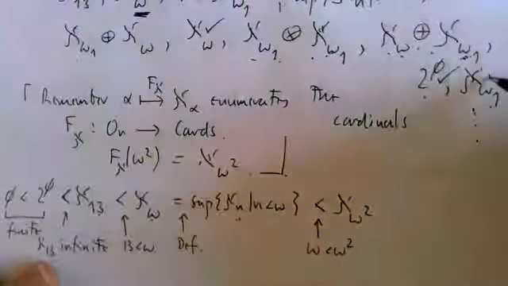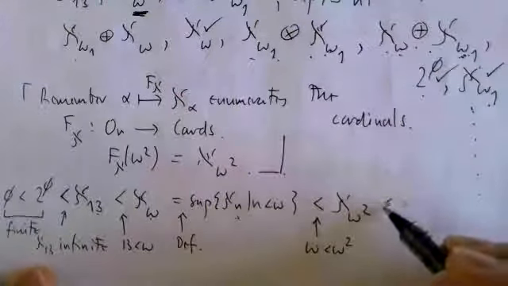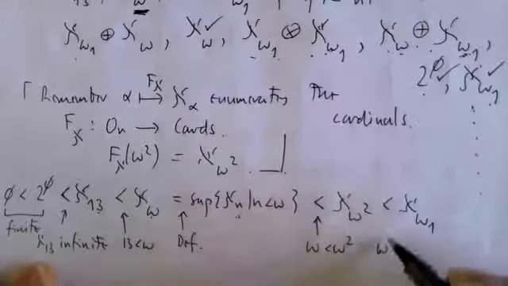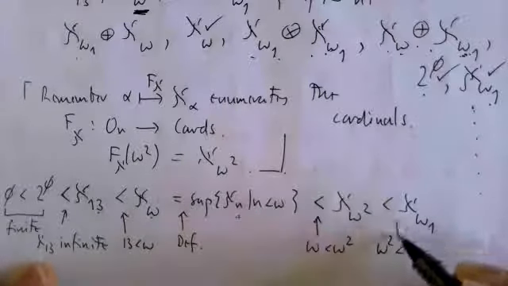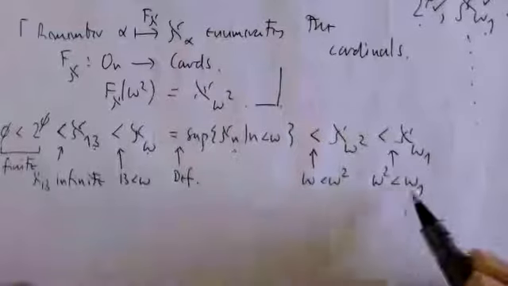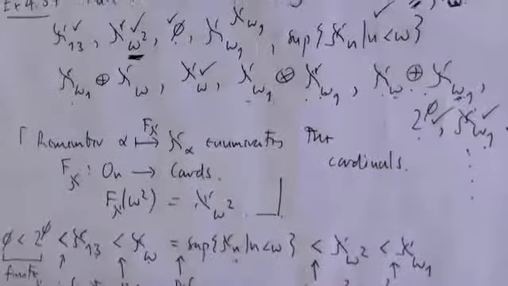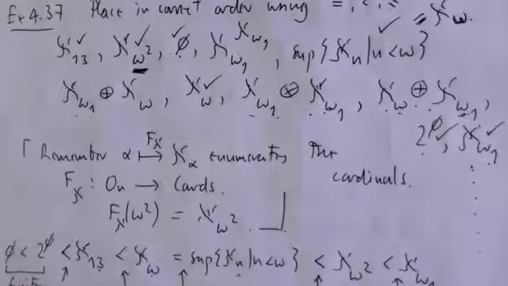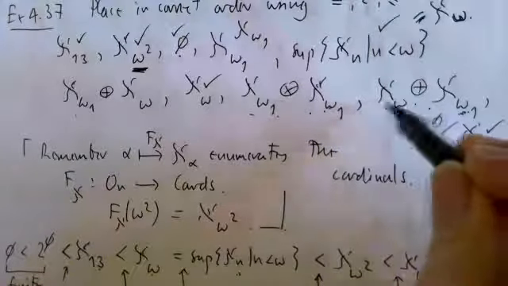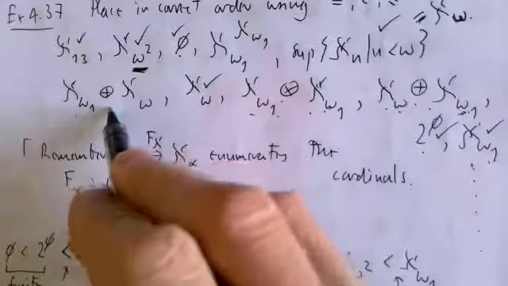And then all of these other ones are going to come next. So here, Aleph omega 1 by itself, again, just to labor the point, it's because omega 1 is bigger than omega squared. And now it looks to me like most of the others, these plus and times ones, are all Aleph omega 1.